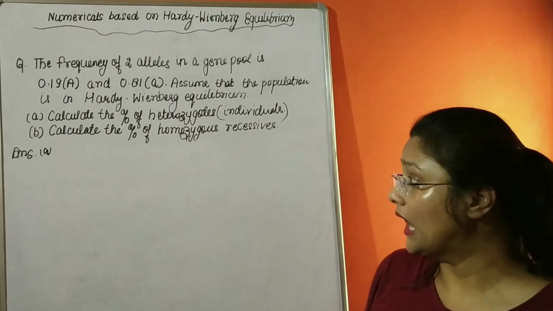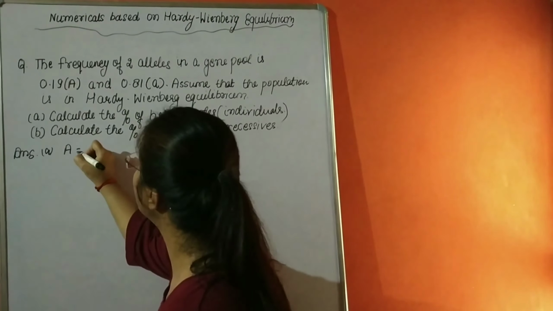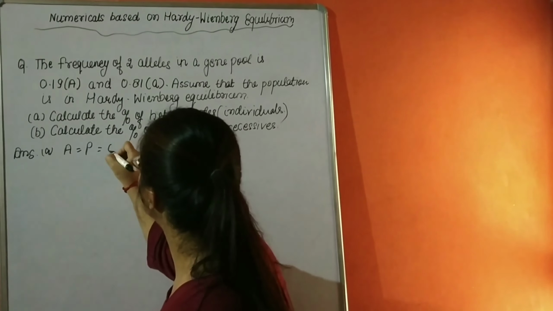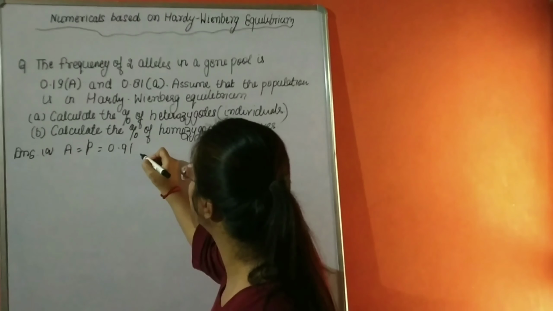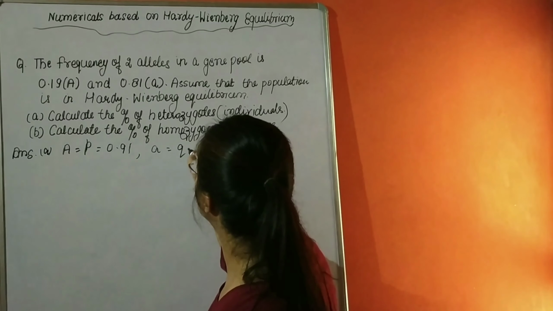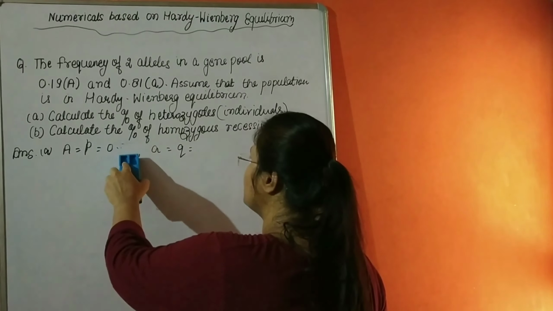P is already given over here, small p, which is 0.91, and small a is q, which is 0.19. Sorry, p is 0.19 and q is 0.81.